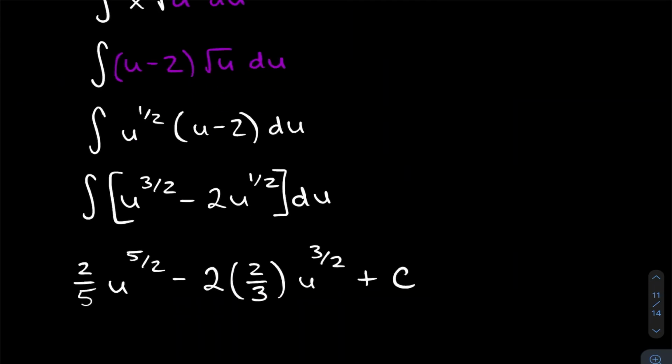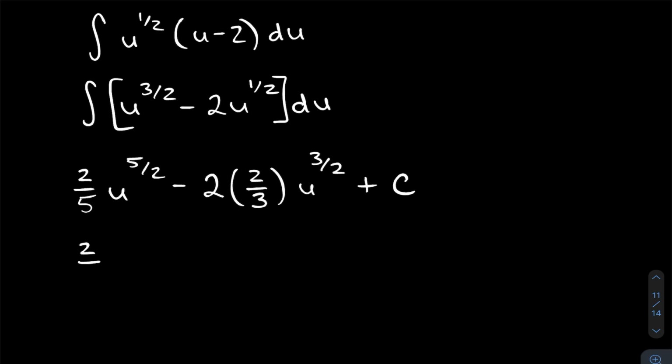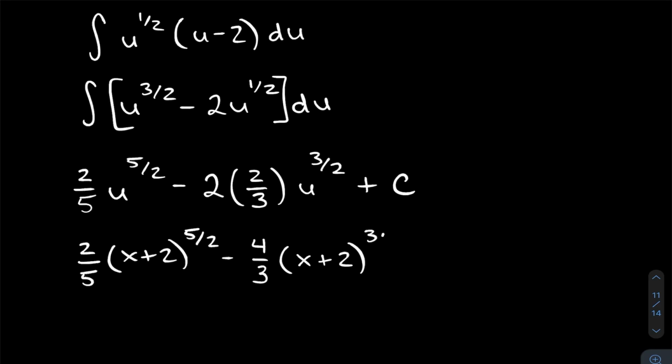We got to plug that in. So just plugging that in here, we're going to make this guy a 4 over 3. And then we add on the c. Bam.